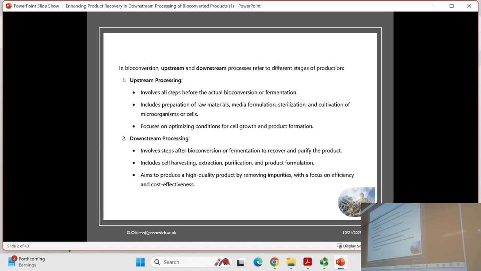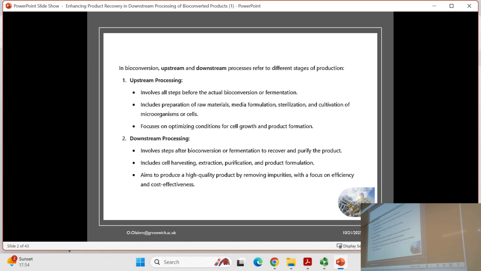So in biochemical process also, we have the upstream and we have downstream. The upstream involves all steps before the actual bioconversion or fermentation. So it includes preparation of raw material, media formation, sterilization, cultivation of microorganisms, and cell growth maybe inside the bioreactor. But let's just assume that we've already finished the process, right?